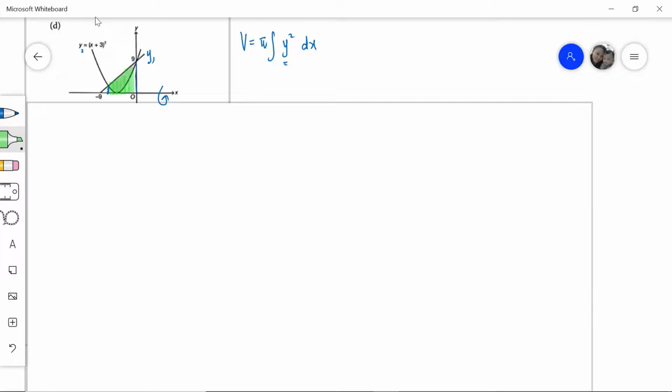So in order for me to get the gray shaded region, I have to minus the area under the curve. Therefore, we have to use y1 minus y2. Therefore, it will be like this: y1 squared minus y2 squared dx.